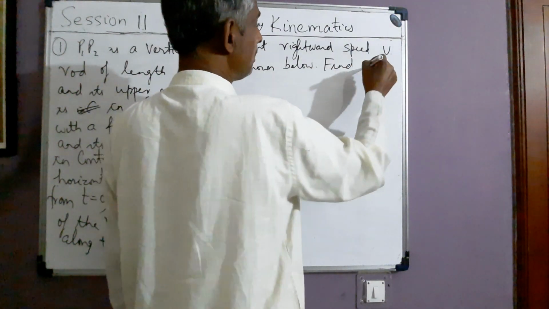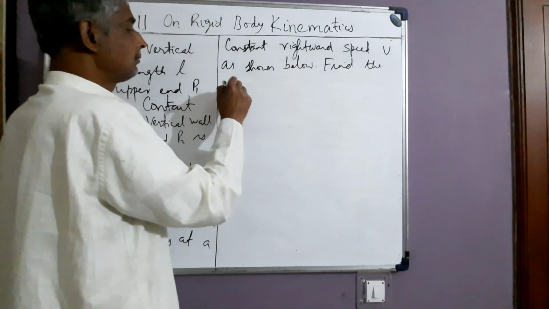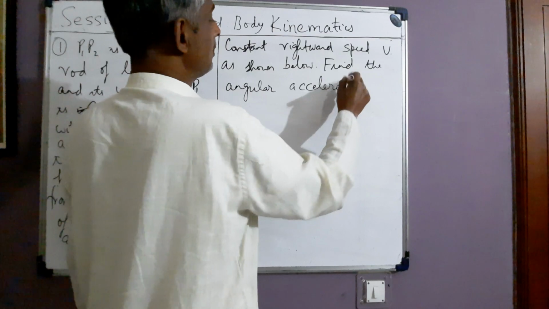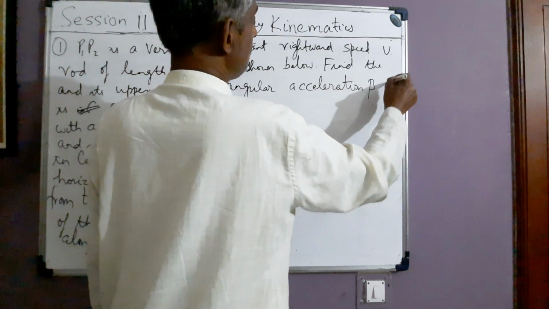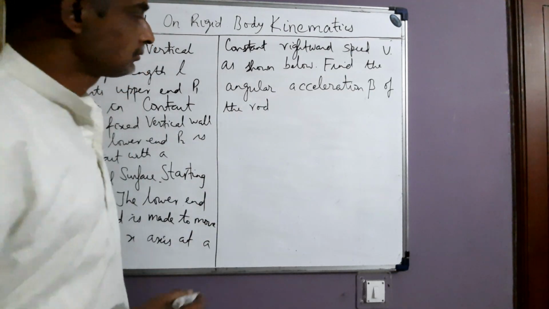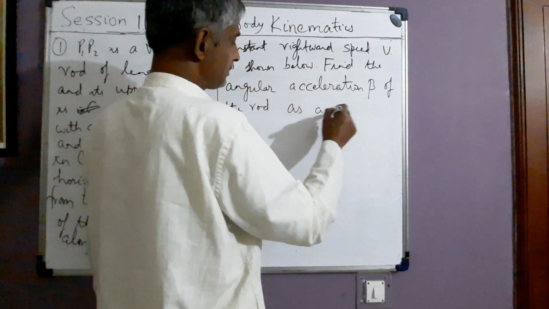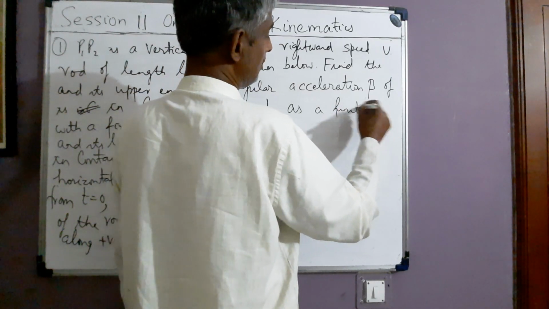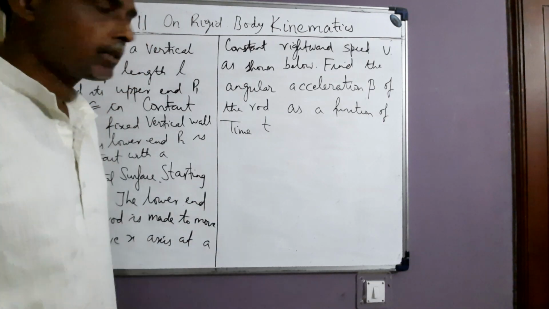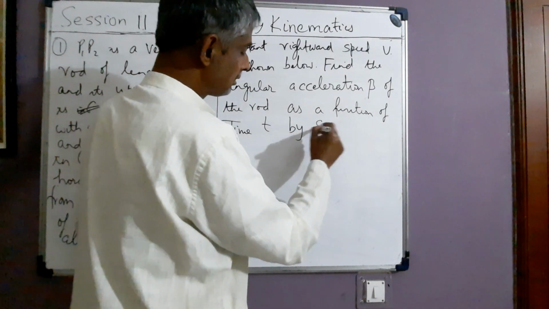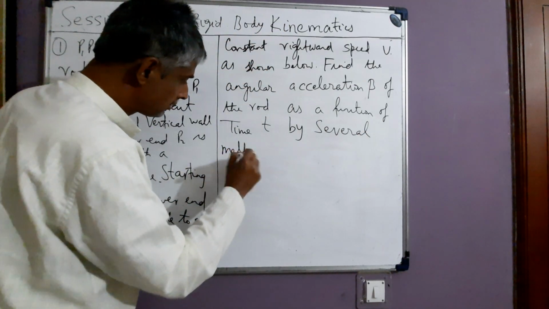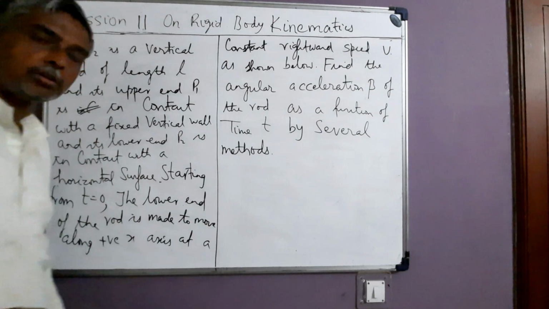Find the angular acceleration beta of the rod as a function of time t by several methods. Okay, this is the question.